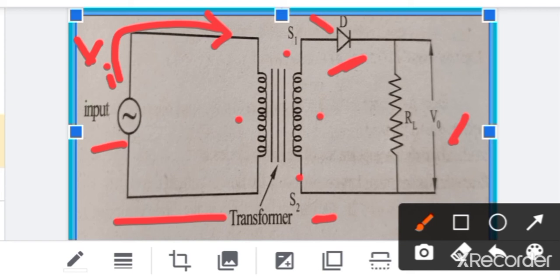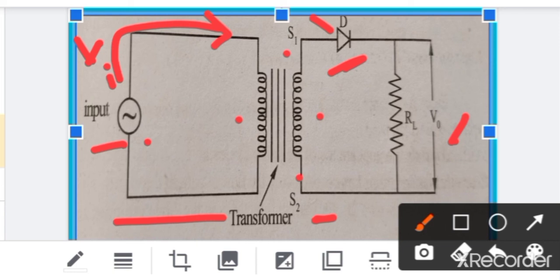If S1 is positive and S2 is negative, that is during the positive half cycle of the input voltage, the diode is in forward bias: the P type is connected to the positive terminal S1, and the N type is connected to the negative terminal S2. Then the diode is said to be forward biased.